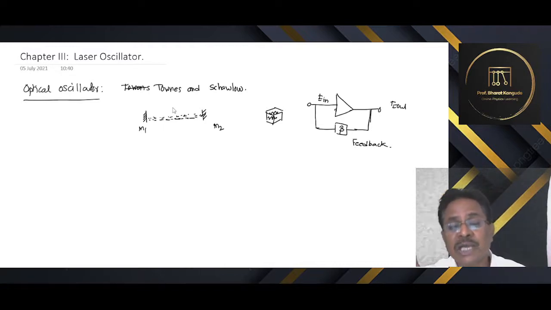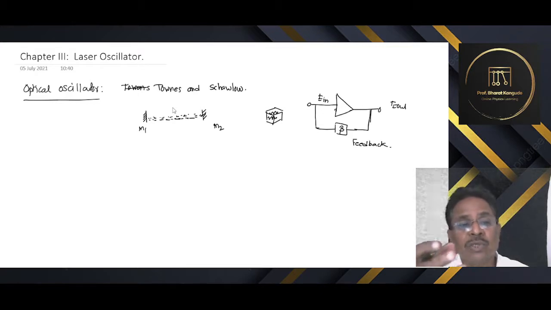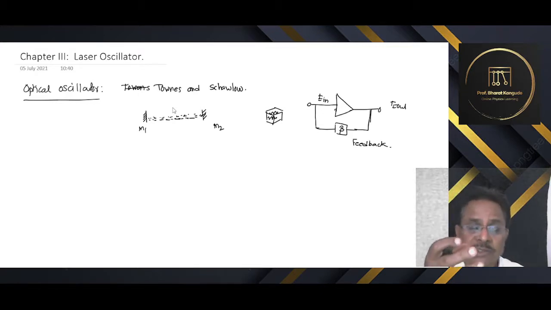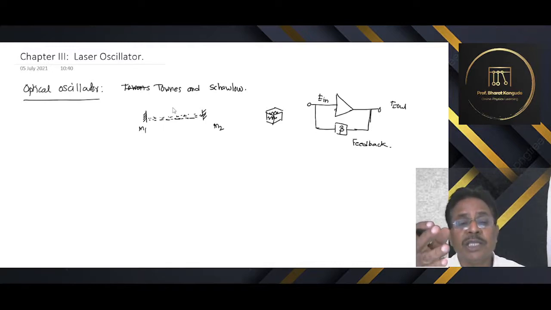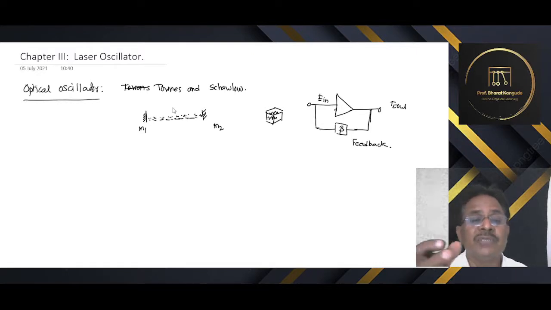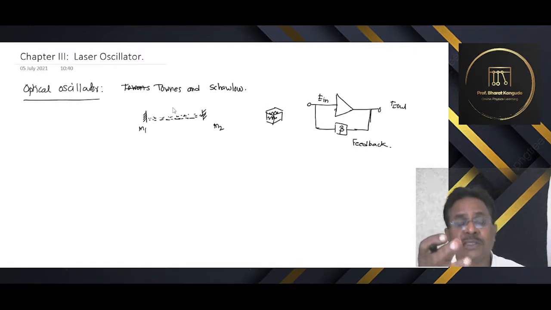As we go on increasing the frequency of the oscillator, instead of wires we have to use a cavity. And since optical signals, electromagnetic radiations in the optical range, have still higher frequencies, instead of wires or cavities we can use a pair of mirrors as an oscillator, and that works as an optical oscillator.